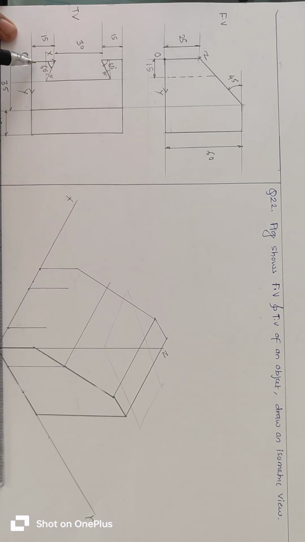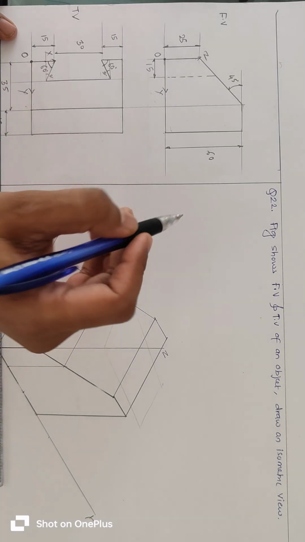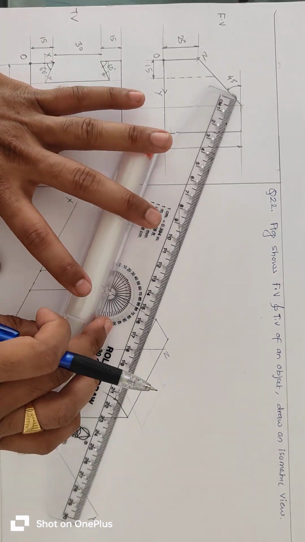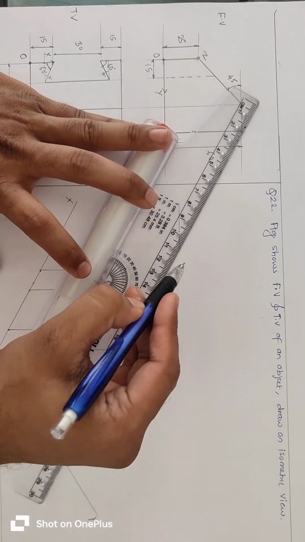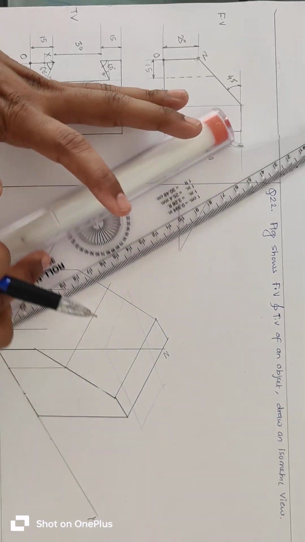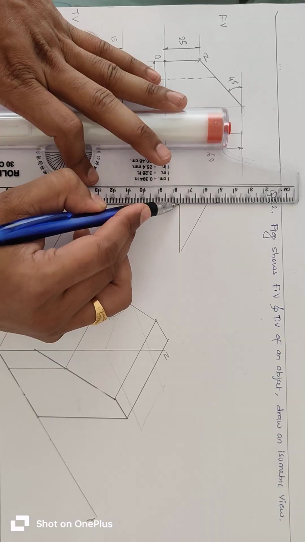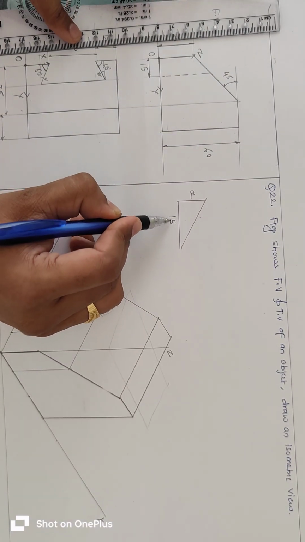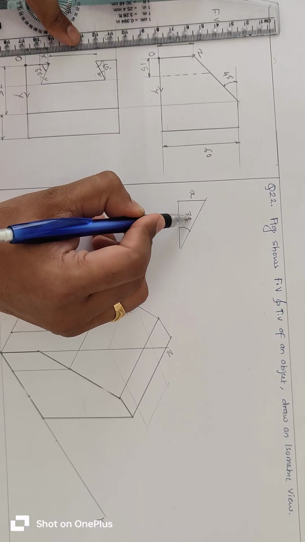As this distance is 15, and this distance is 15, now we have to calculate this unknown distance. So here I will draw a right angle triangle. This angle is 30 degree. This distance is suppose x, this distance is 15, and this angle is 30 degree.